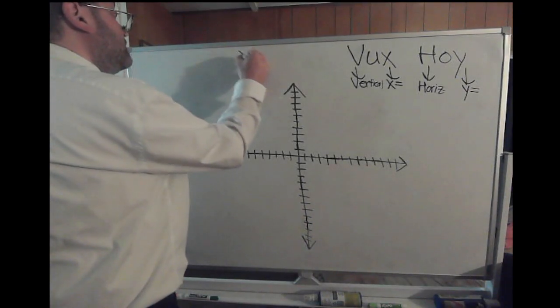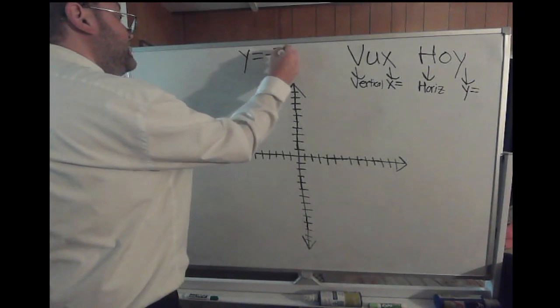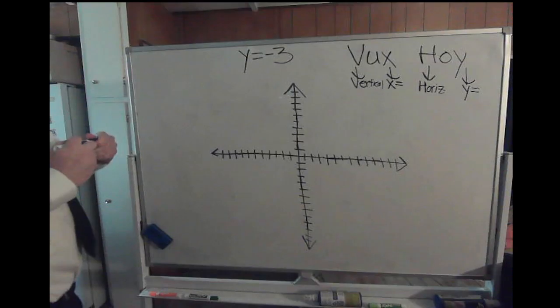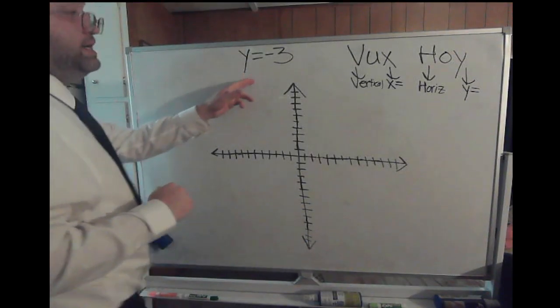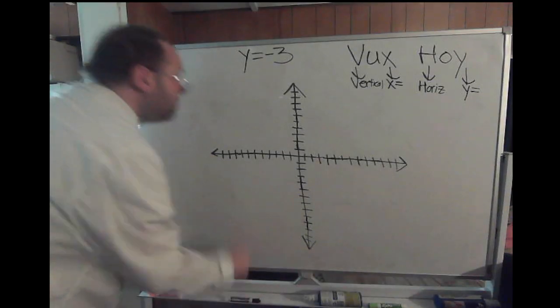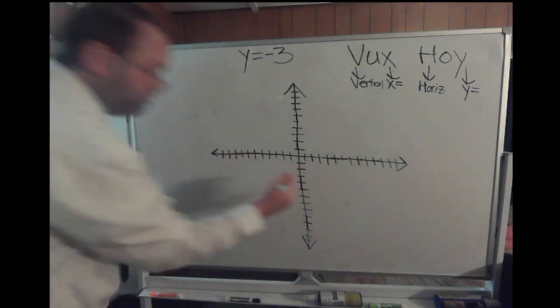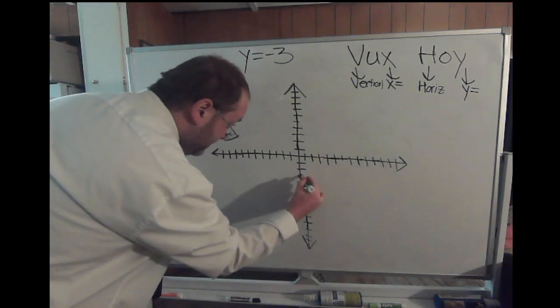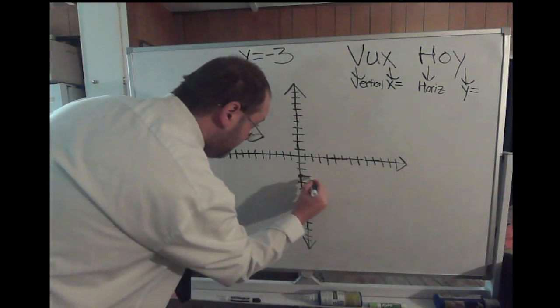Alright, we got y equals negative 3. So y equals negative 3, so we have y equals, which means it's horizontal. So you go to where y equals negative 3, which would be at 0, negative 3, and you just draw a horizontal line.